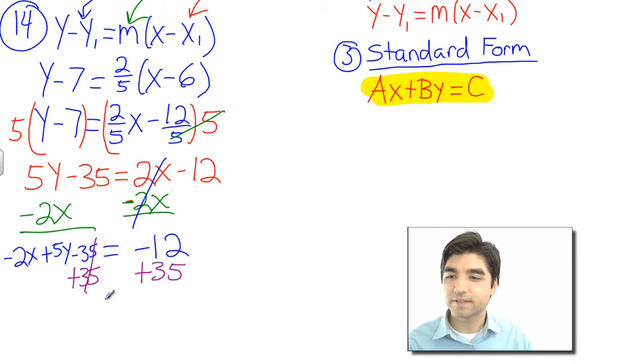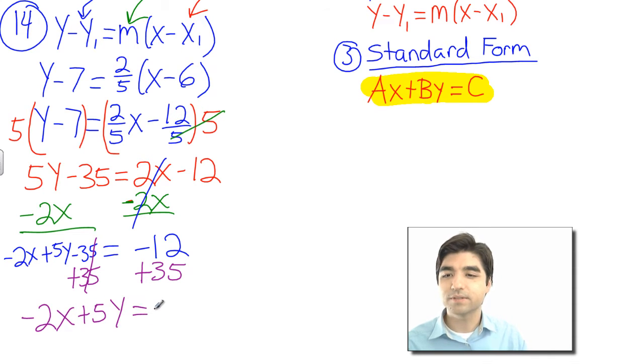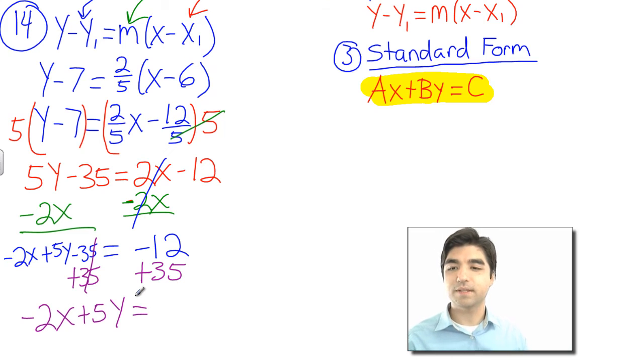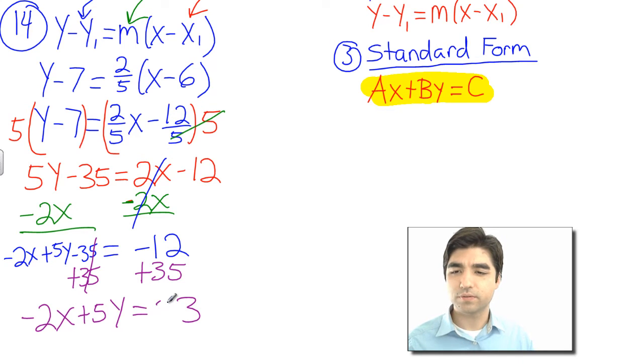Alright, so it cancels out on that side, so we have -2x plus 5y equals -12 plus 35 equals, let's see, 23?